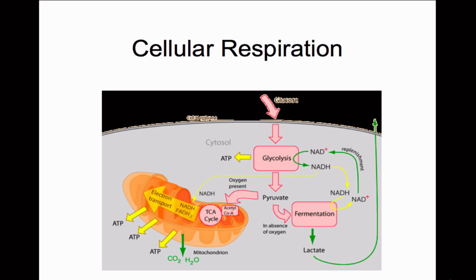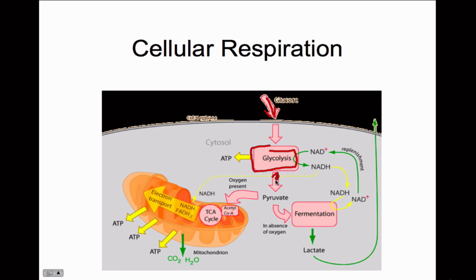So here's the cellular respiration process a little bit more detailed. What we have here is the glucose. We're going to perform glycolysis, and this is in the cell, but still outside of the mitochondria. Glucose generates pyruvate.